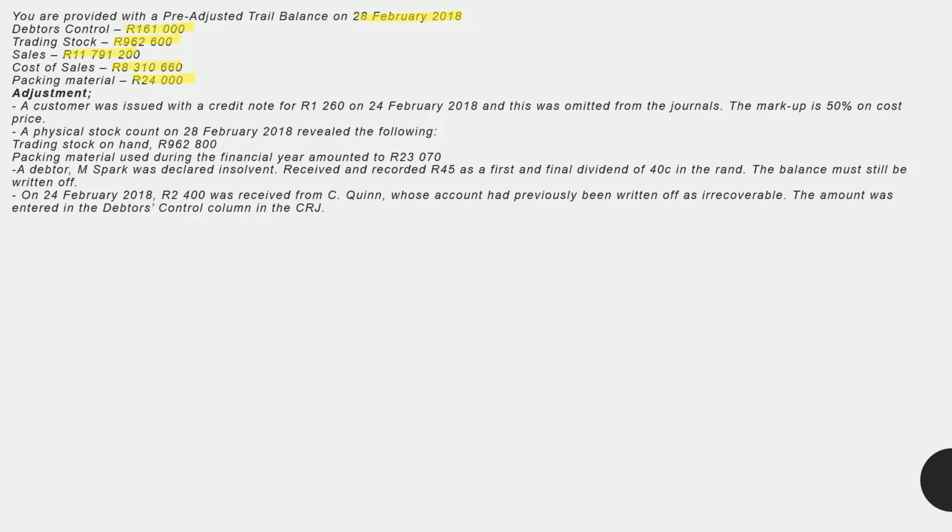Then your adjustments. A customer was issued with a credit note for 1,206 on 24 February 2018, and your year is ending on 28 February, and this was omitted from the journals. The markup is 50% on cost.